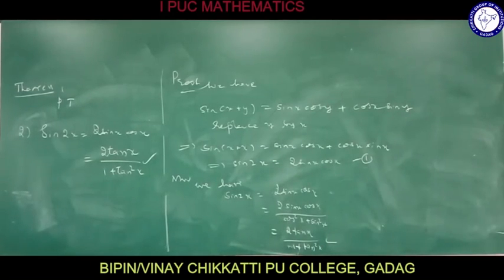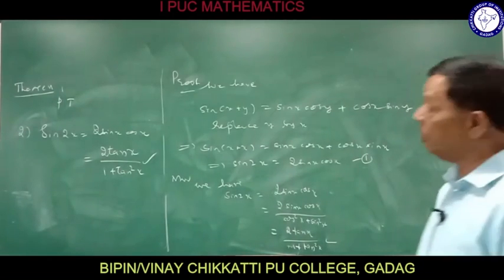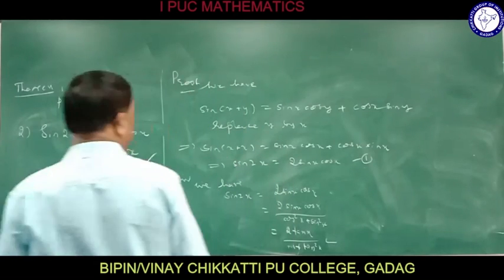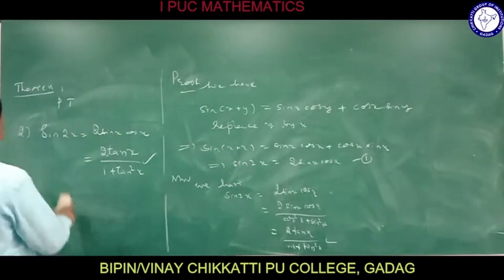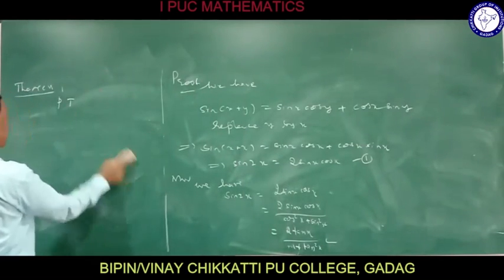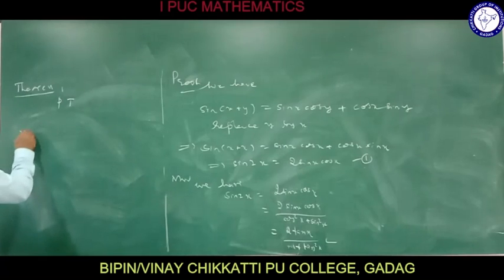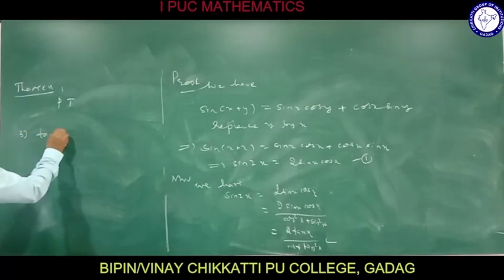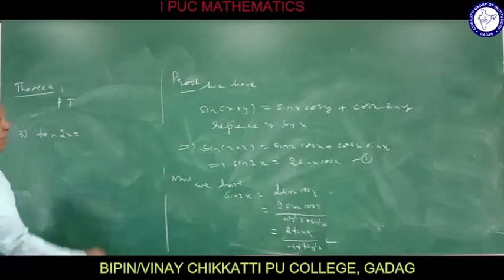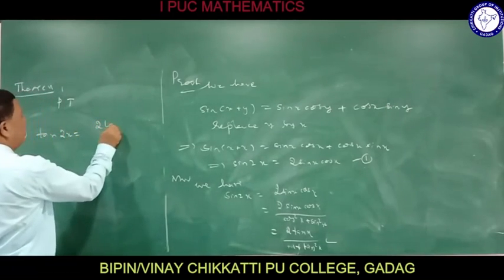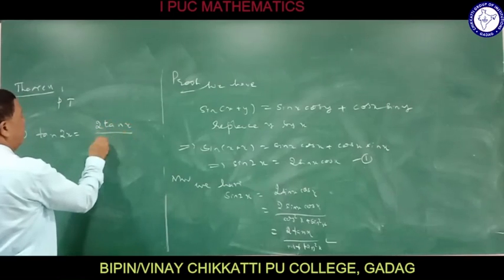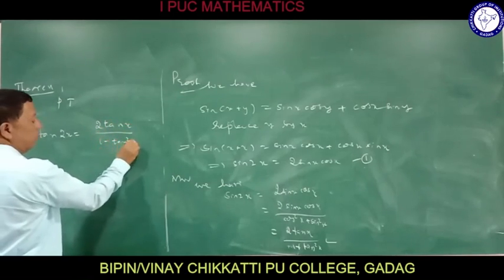Multiple 2x. Now I am going to discuss tan 2x. I am proving it now, and that is the way we go for understanding the result. Sin is over, cos is over, and you try to prove that tan 2x is equal to 2 tan x divided by 1 minus tan square x.